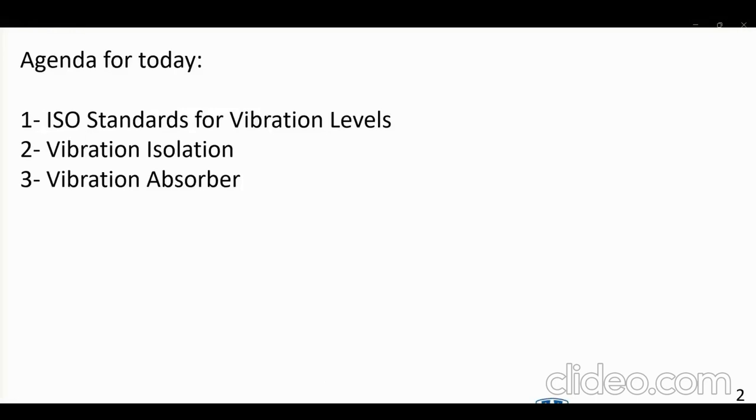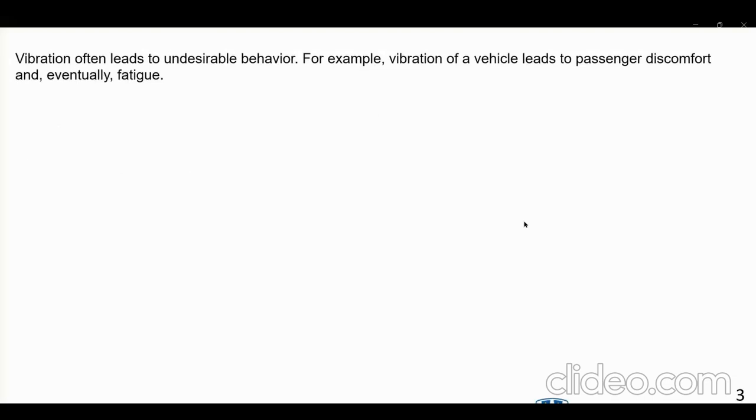As for ISO standards, ISO stands for International Standardization Organization, or some people call it International Organization for Standards, and they set certain guidelines for vibration levels from different sources.